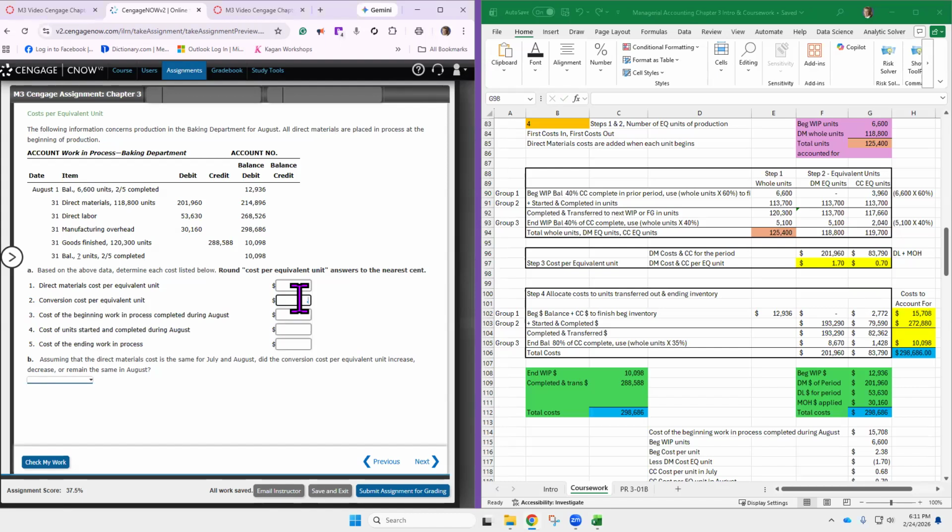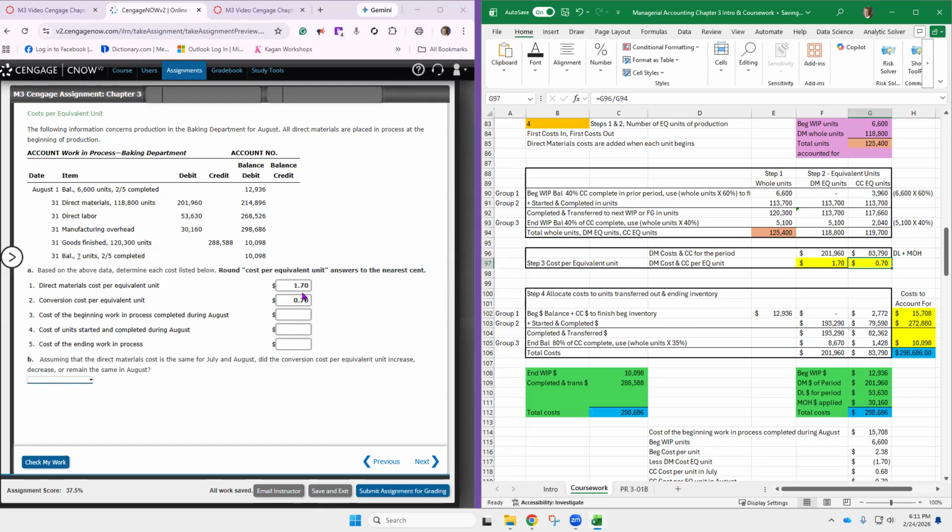Yep, 70 cents. So you say, what did we just find? We just found direct materials cost per unit is $1.70. Okay. Oh, we're baking something. So whatever we're baking, it's costing us $1.70 in materials, and it's costing us 70 cents in conversion.